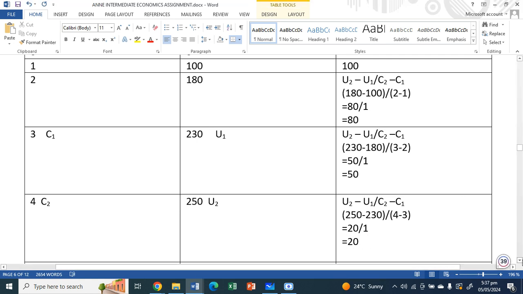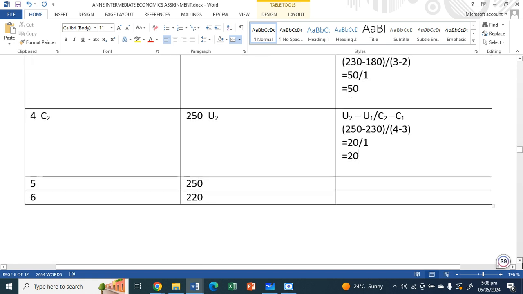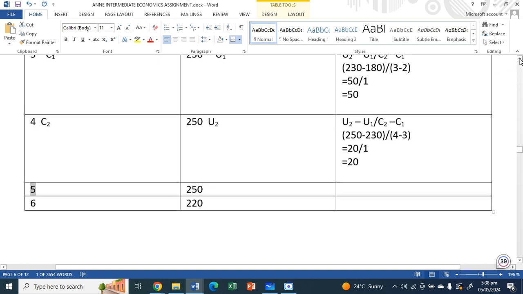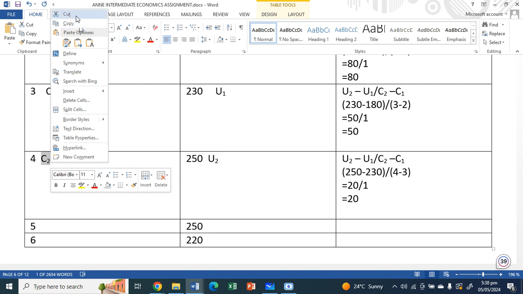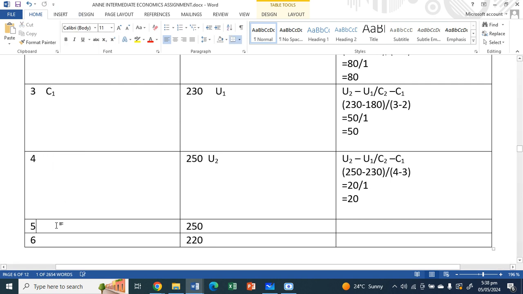Okay, so as I said, we're now moving from 4 units consumption to 5 units, consuming 5 units of this good. So our new C2 is 5, and our C1 is 4.